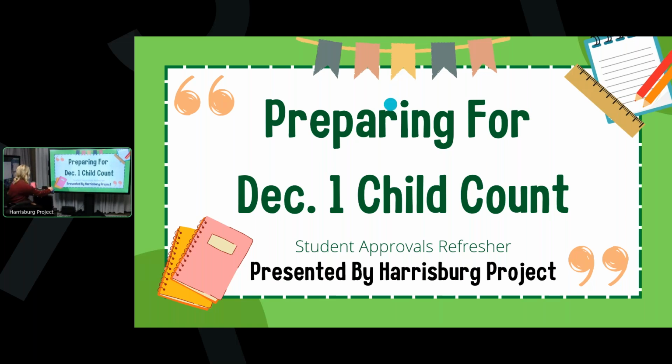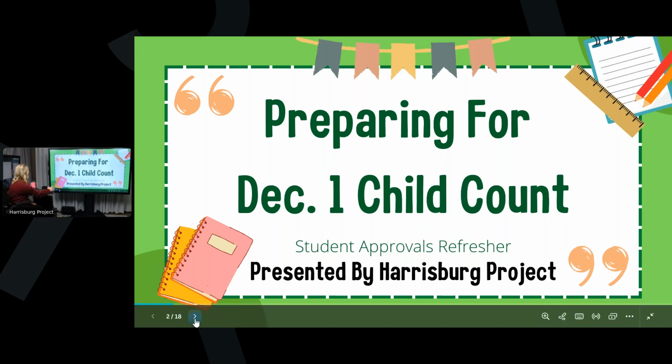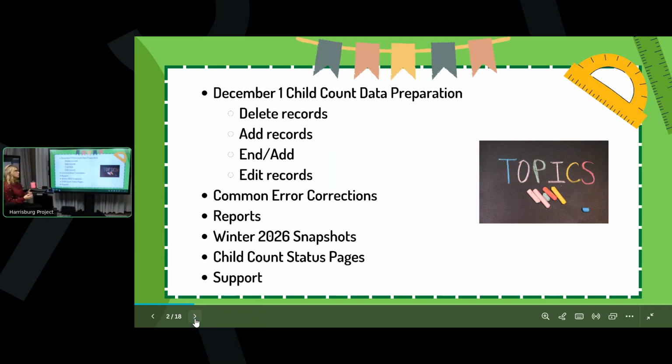All righty. So what we're going to go over today, what should you be doing to prepare for the December 1 child count? So we'll go over the maintenance tasks that need to be completed. Basically, you're going to make sure that you have all of your students entered in the system, and if they shouldn't be there, you're going to make sure that you've deleted them out. After that, you're going to start working on the error listings that you have.